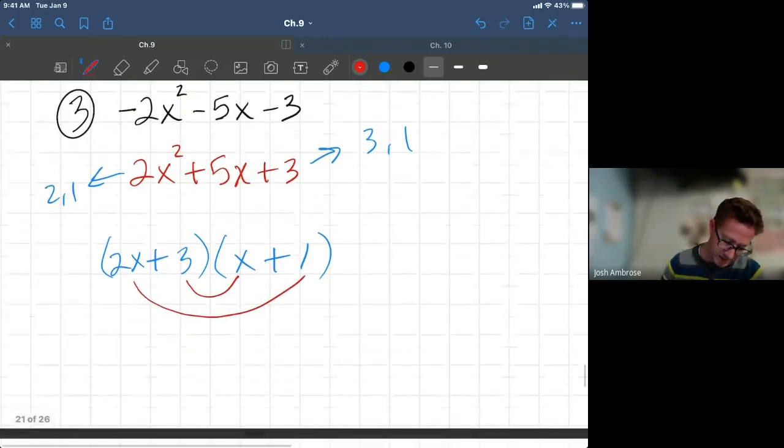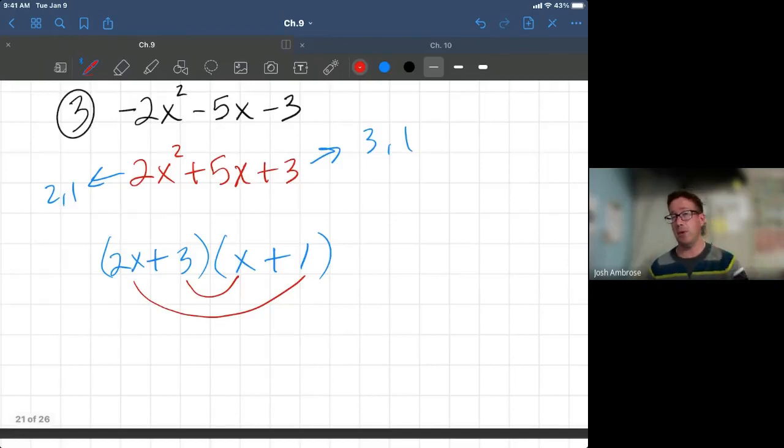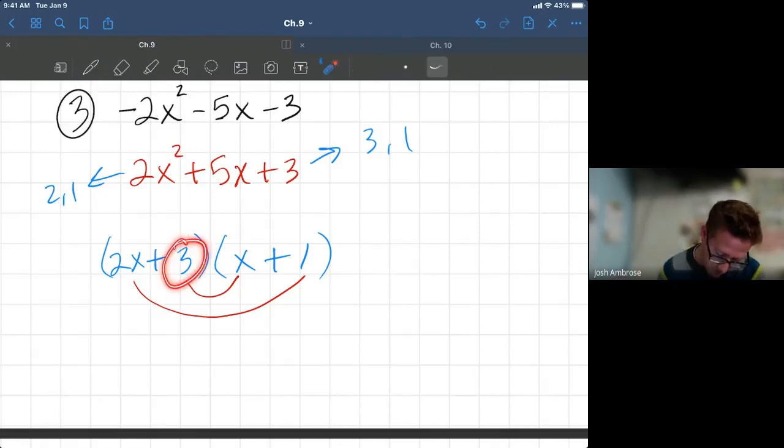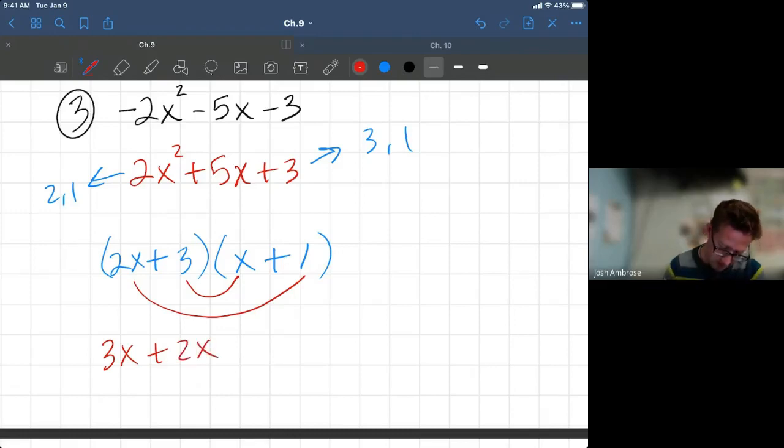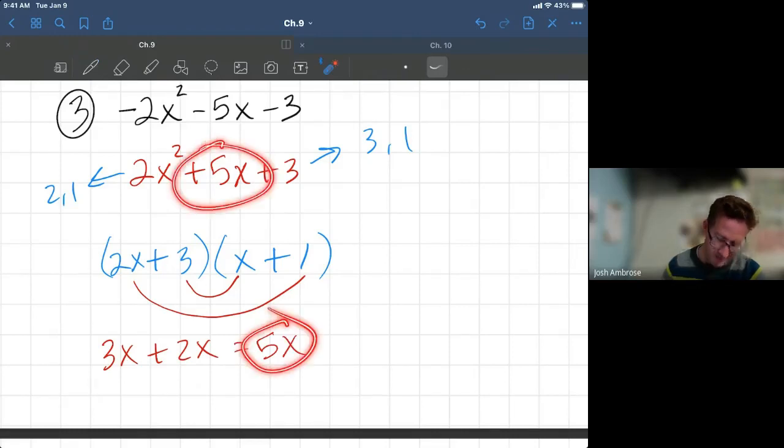All right, we need to see if that is in the proper order. Should the 3 go with the 2? Or we'll see if the 3 should go on the other side. So 3 multiplied by x makes 3x. 2 multiplied by 1 makes a plus 2x. 3x plus 2x does equal 5x. 5x and positive 5x.